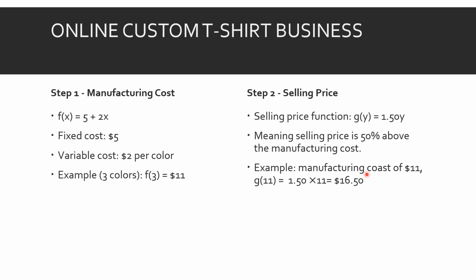So this selling price was derived from a composite relation, in which x was inputted into the manufacturing cost function, and then the output was inputted into the selling price function for us to get this particular amount, 16.50.